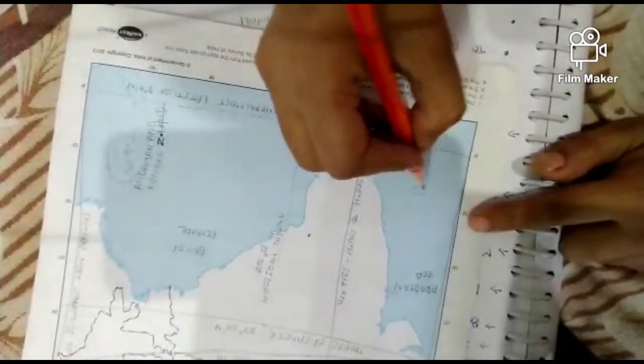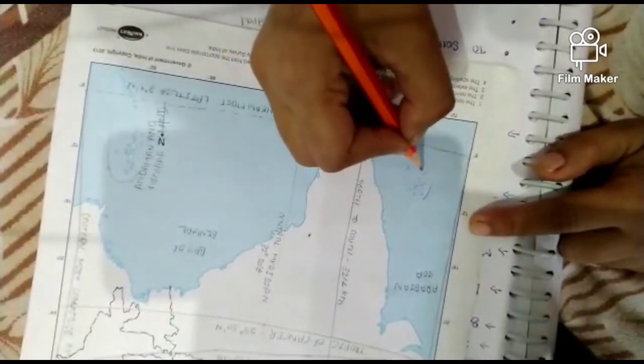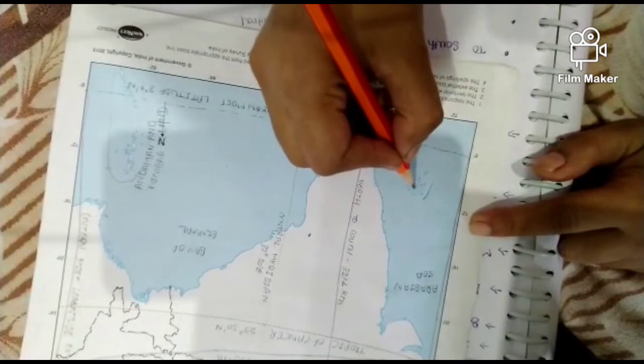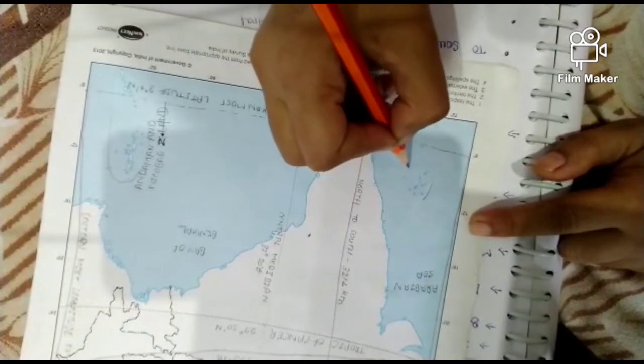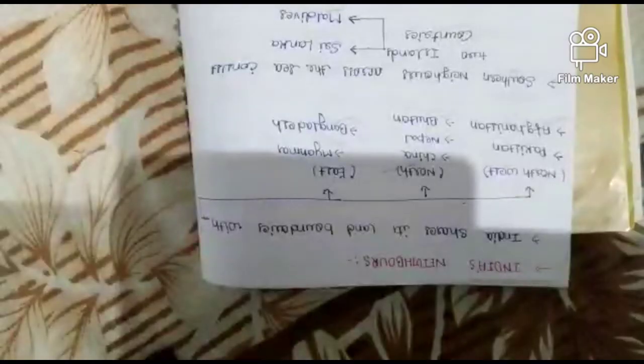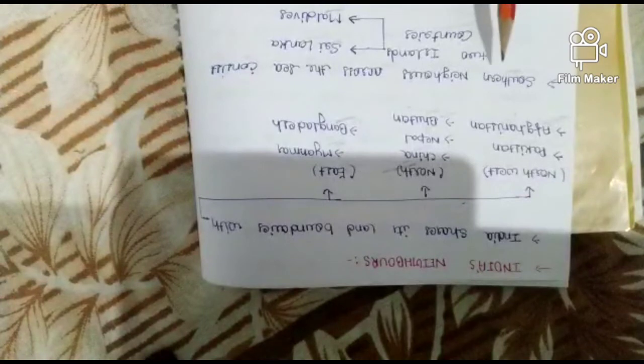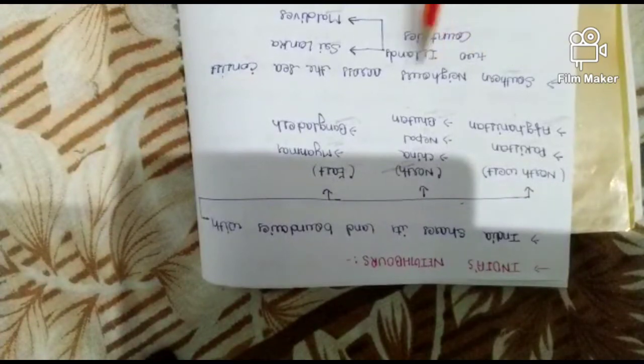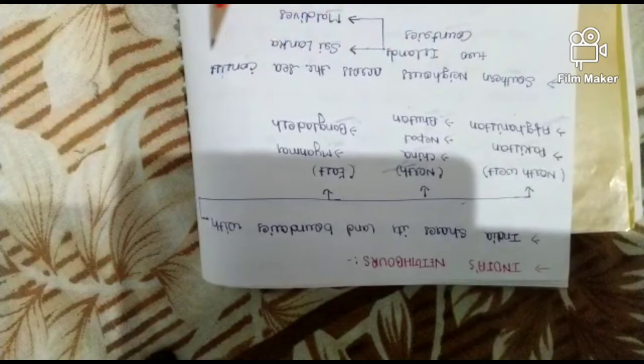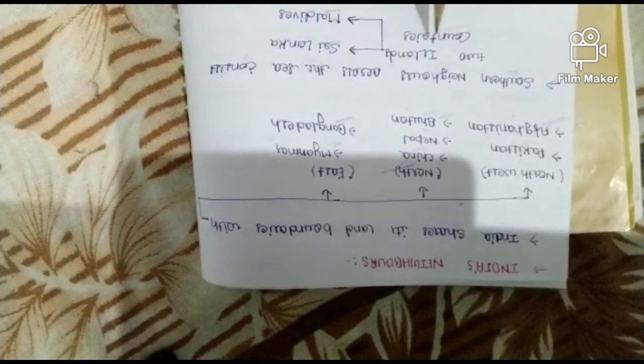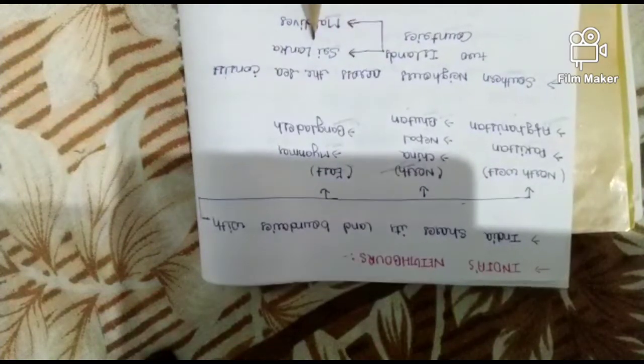And this is Lakshadweep Island. This is also made of a small archipelago of islands. In the south, the neighbors across the sea consist of two island countries. One is Sri Lanka and another is Maldives.